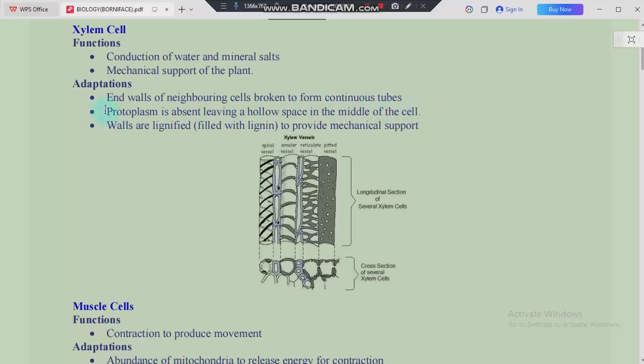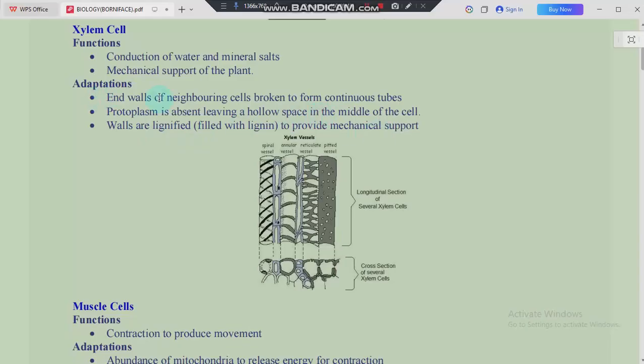And the structures which make up the protoplasm are the cell wall, the nucleus, and the cell membrane. And then apart from that, the walls are lignified or filled with lignin. Lignin is the tough substance of the plant which helps to provide mechanical support.